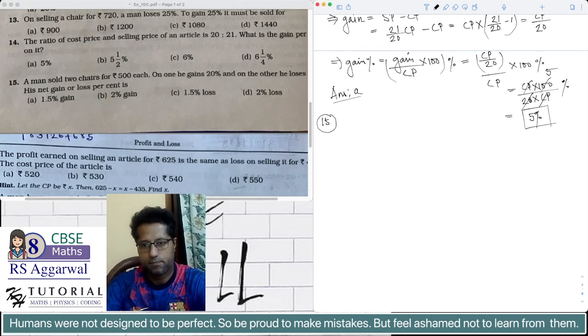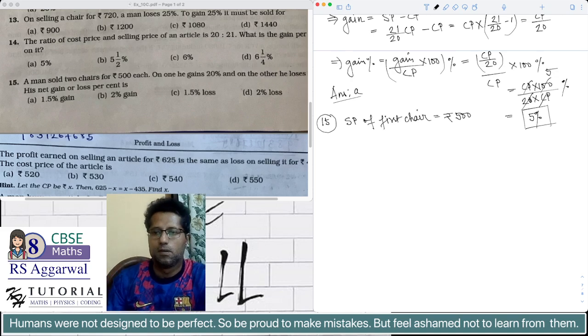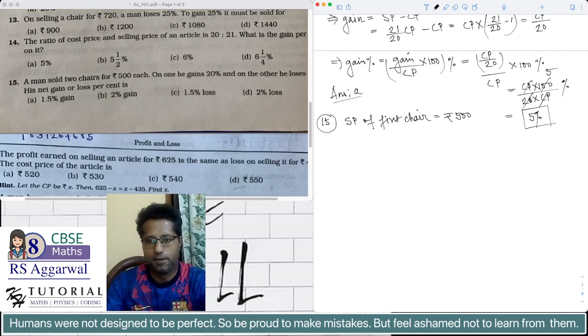So it is given that the selling price of, let's say, the first chair is equal to rupees 500. The gain percent is equal to 20%.